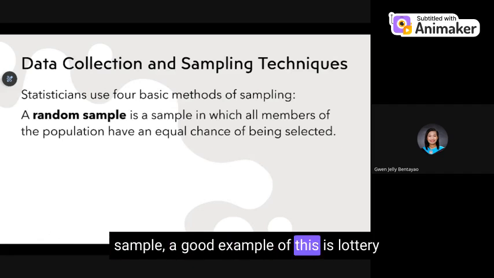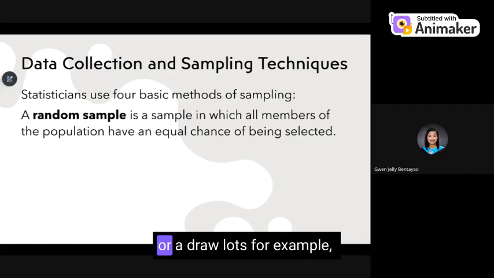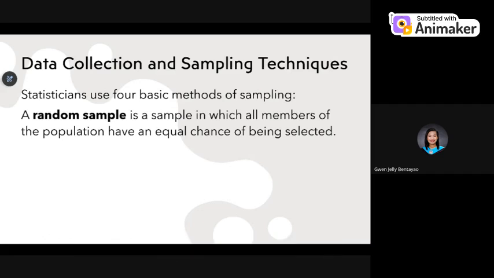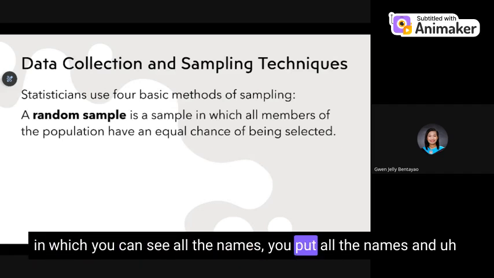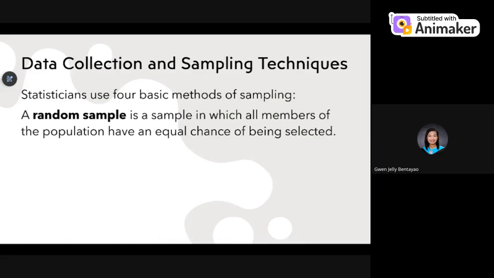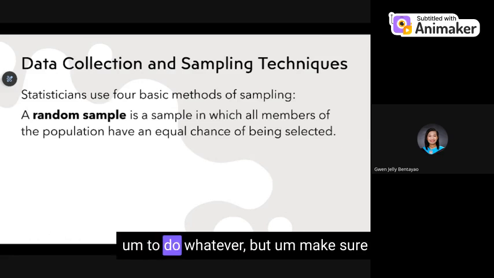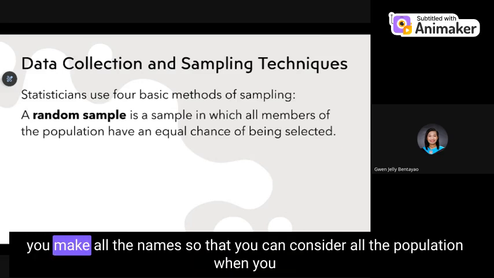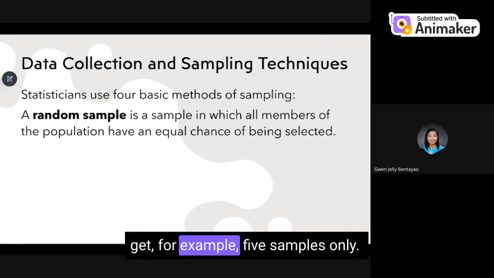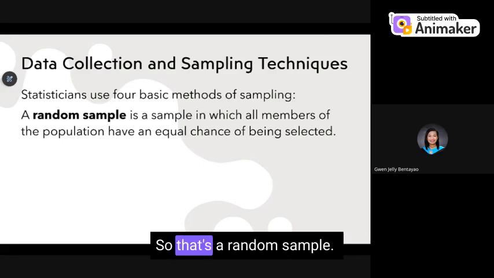A good example of this is a lottery or a draw lots, in which you put all the names in a box or whatever, making sure that you consider all the population. Then you get, for example, 5 samples only. So that's a random sample.